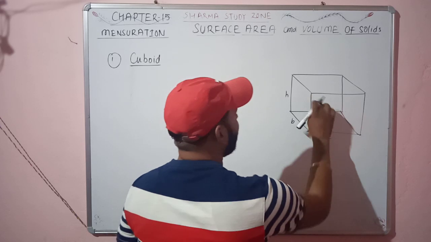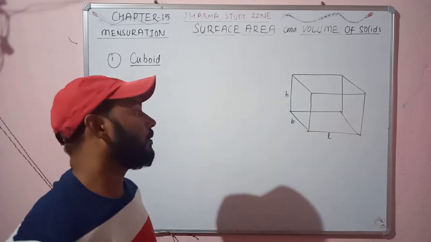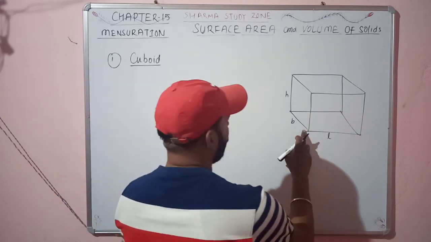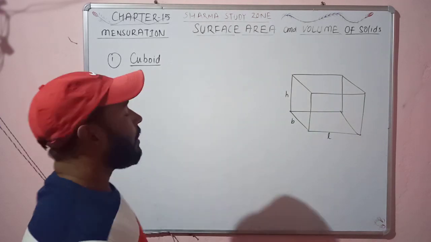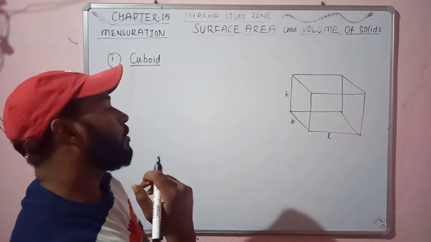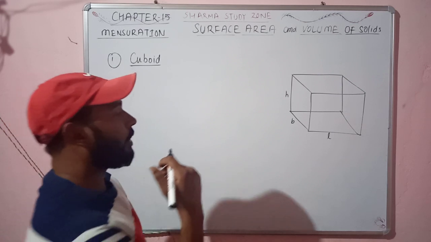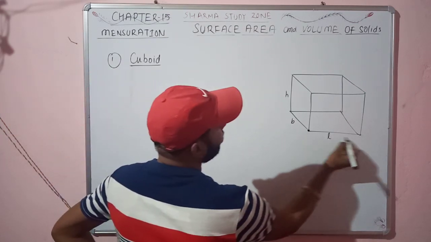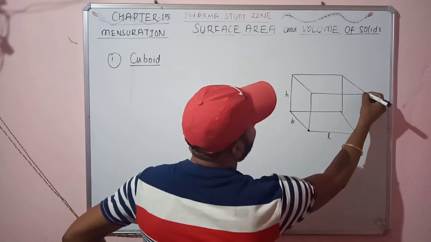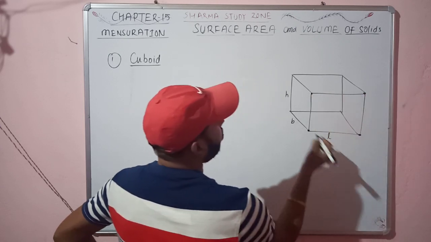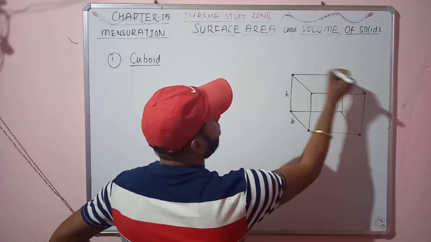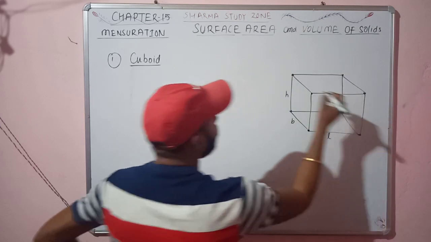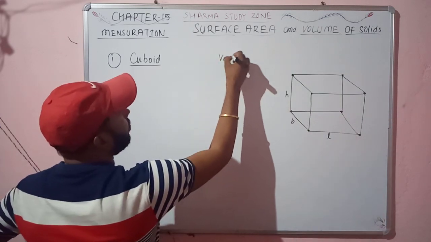There are certain things which we need to remember while discussing or finding the formula for the cuboid. In the cuboid we have a total of 8 vertices, 4 and 4, 8.